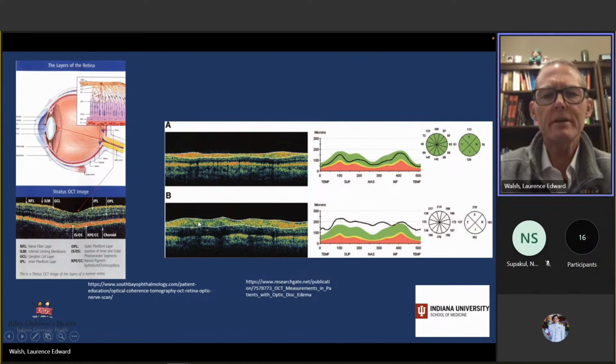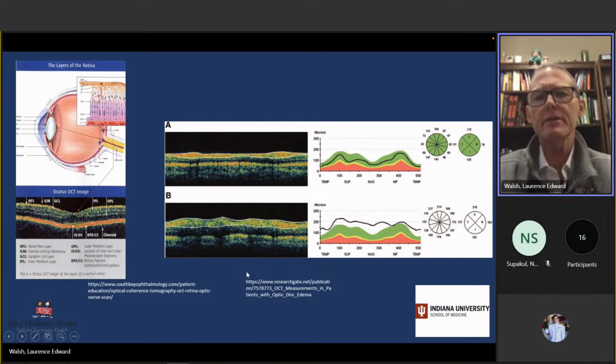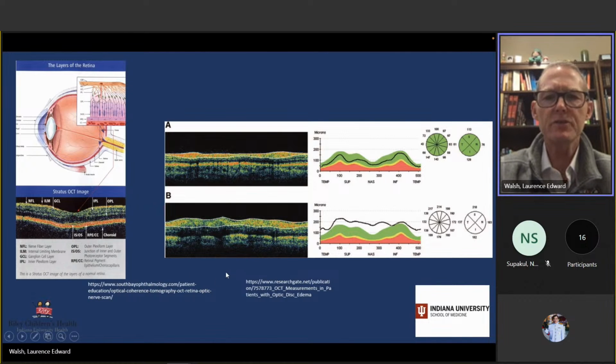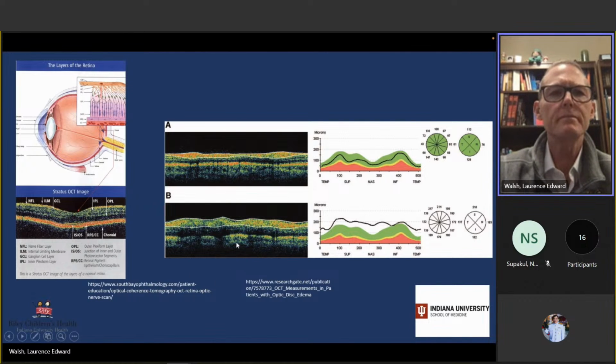In this eye, the optic nerve head is grossly swollen, and you see a much thicker layer, qualitatively and quantitatively. And then say this were not just optic neuritis, say this were multiple sclerosis, and later on the nerve fiber layer atrophies, then you would see the converse, where the black line would end up being down here. So this is a useful tool for the ophthalmologists.